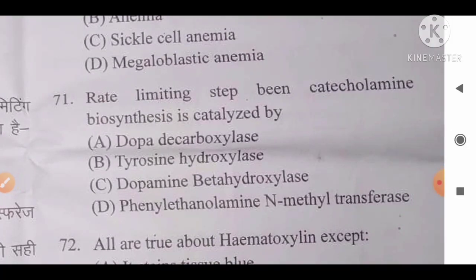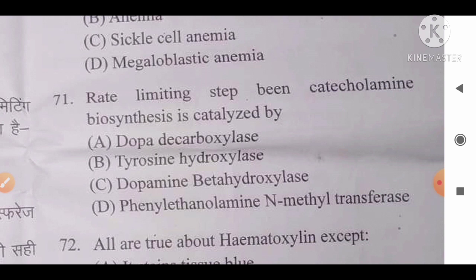Rate limiting step in catecholamine biosynthesis is catalyzed by option A, dopa decarboxylase, B, tyrosine hydroxylase, C, dopamine beta hydroxylase, D, phenylethanolamine N-methyltransferase.